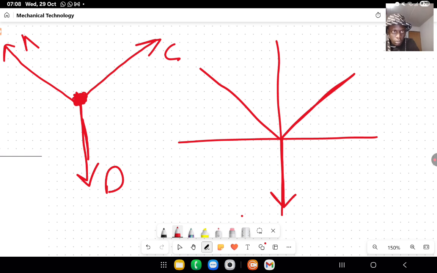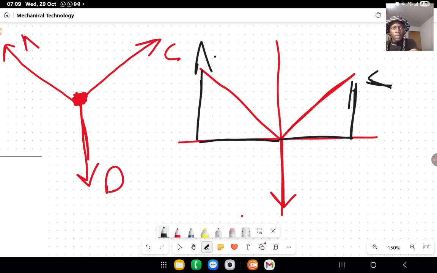So we are going to put our verticals, our components. Here is C, here is TC.